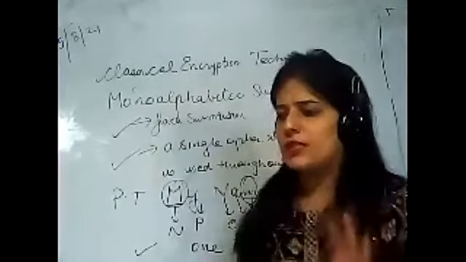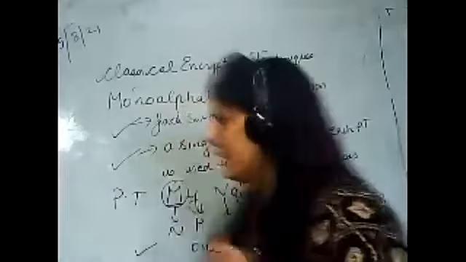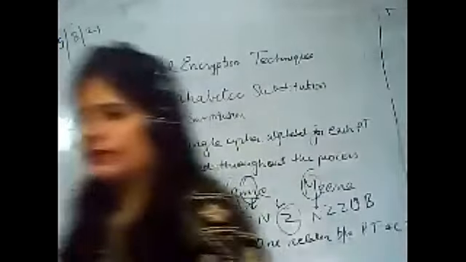Okay, these are the three features of your monoalphabetic substitution: fixed substitution, same character substitution, and a one-to-one relation between the plain text and the ciphertext. Fine. So this is how we can represent a monoalphabetic substitution here.